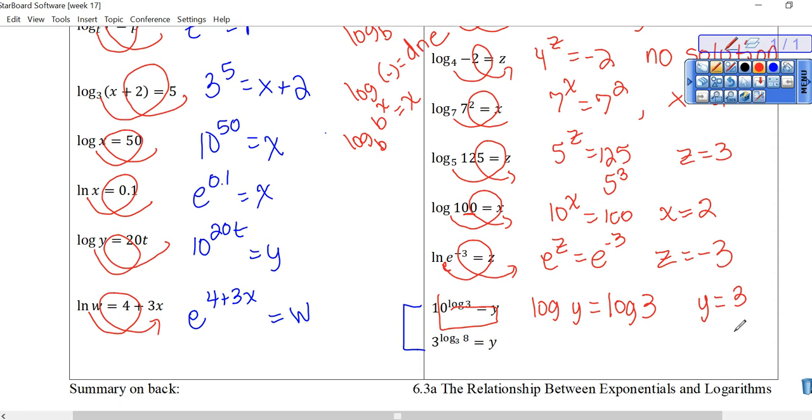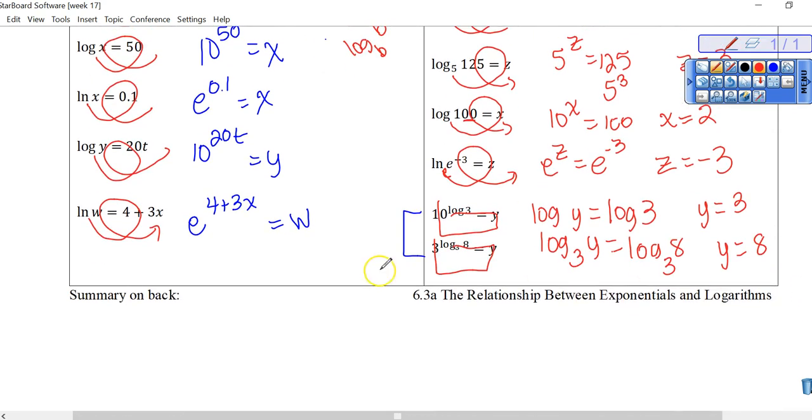Yep. Same thing with this other one. Drop 3 down and rewrite. So that's log base 3 of y equals log base 3 of 8. And I bet you can see what y equals when you convert it. There it is.